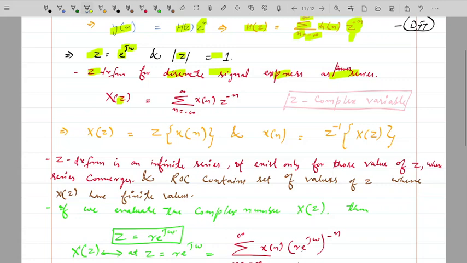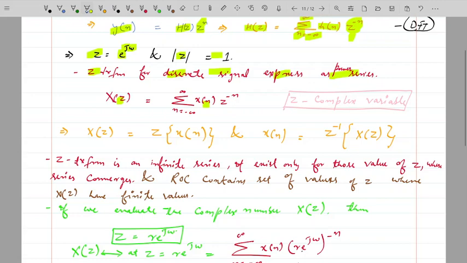Here we are finding the Z transform of the x of n signal, a discrete time signal. If we want to find the Z transform of this signal, we denote it as X of z.